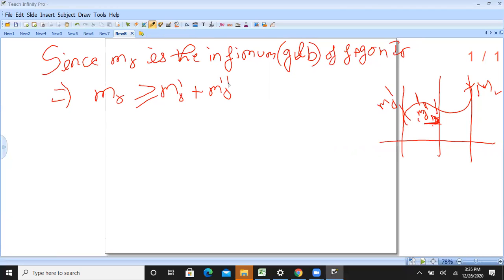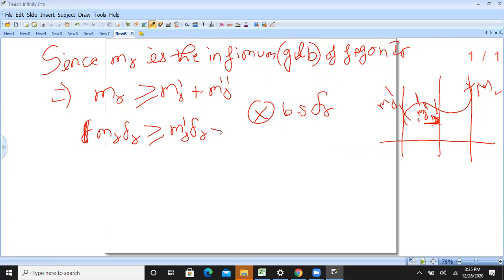So now multiplying both sides by delta r. So next, delta r. Okay, m into delta r, that implies m dash into delta r plus m double dash into delta r.